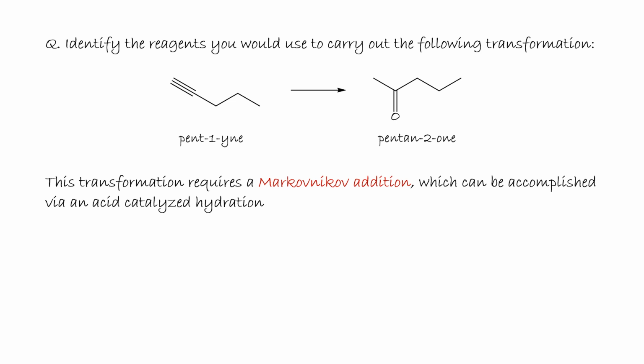Identify the reagent you would use to carry out the following transformation. Here you have terminal alkyne, and it seems like the OH is connected here to the more substituted carbon. Okay, so this is Markovnikov addition. How do you make Markovnikov addition?